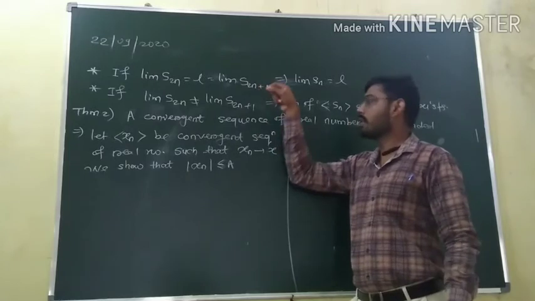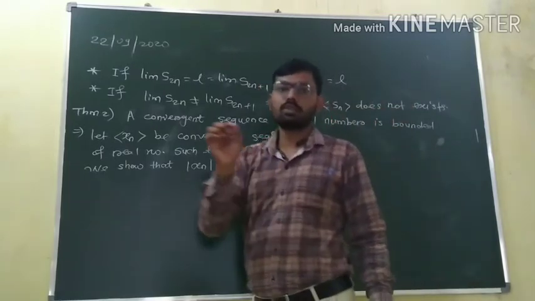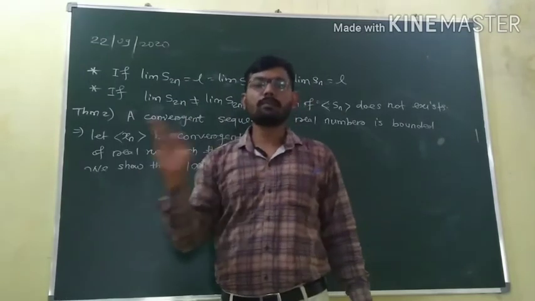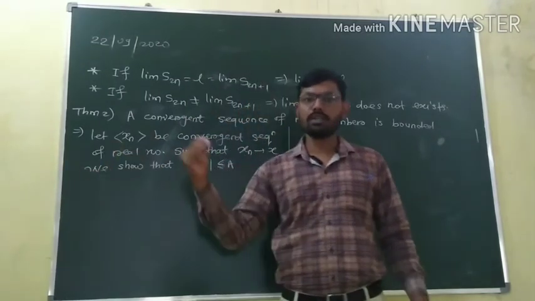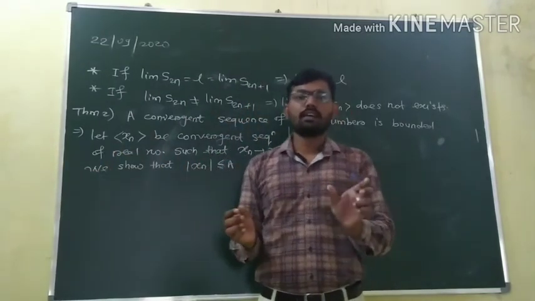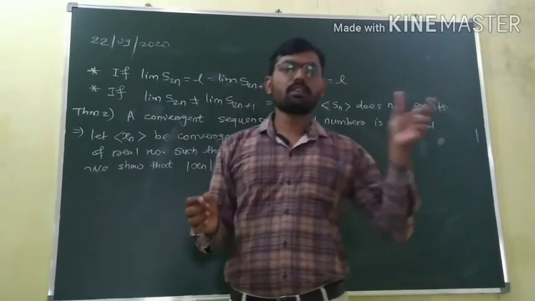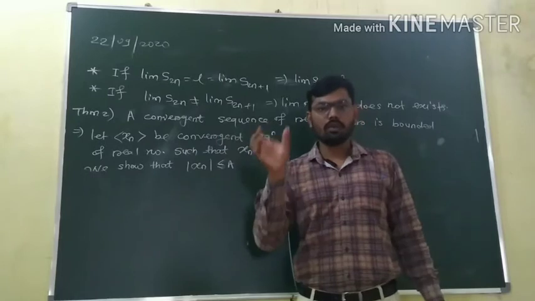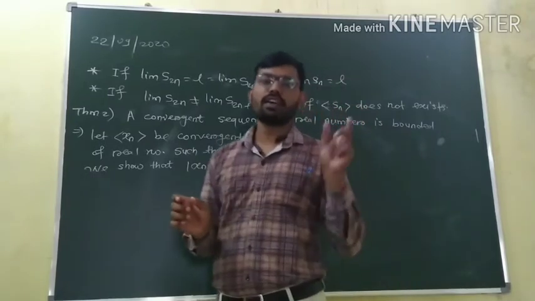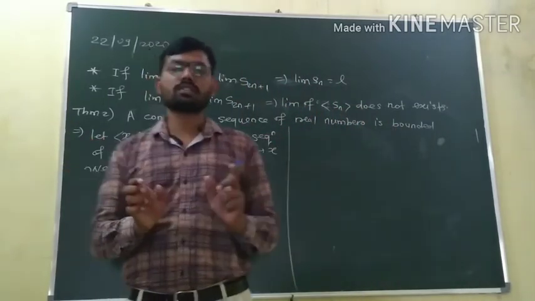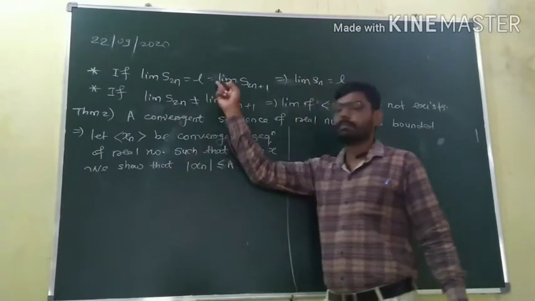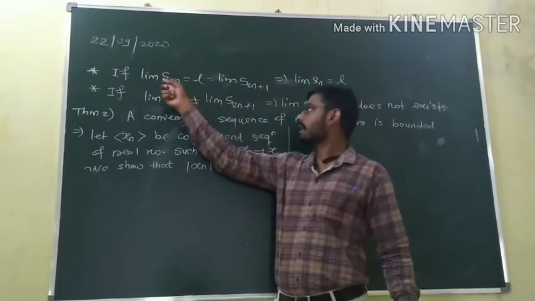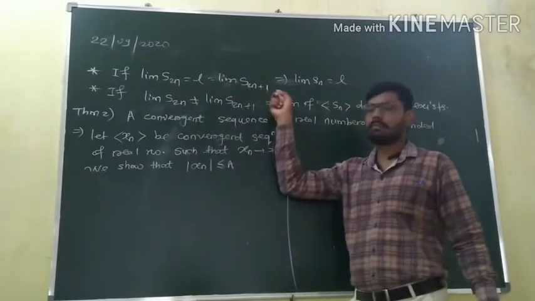For example, given the sequence of natural numbers 1, 2, 3, 4 and so on, collect the even position terms in one sequence and the odd position terms in the other. Then 2, 4, 6 becomes one subsequence, and 1, 3, 5, 7, 9 becomes the other. Find the limit of each subsequence, S2n and S2n plus 1.